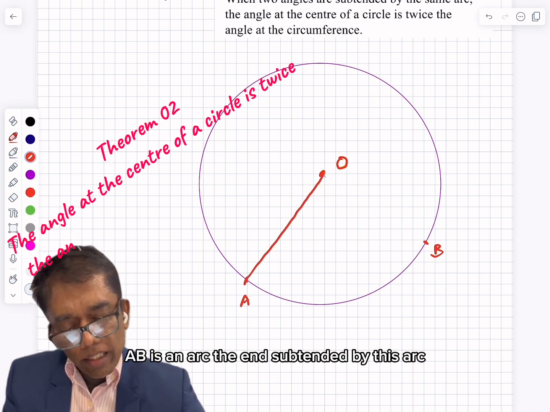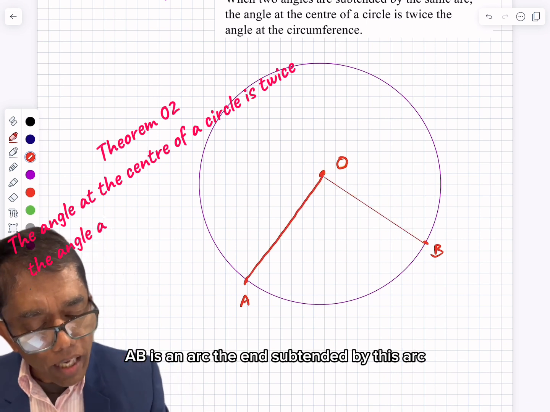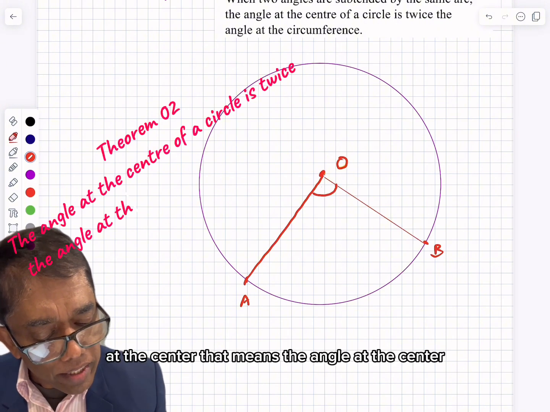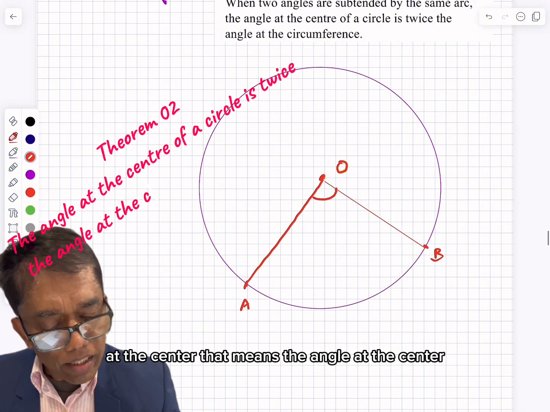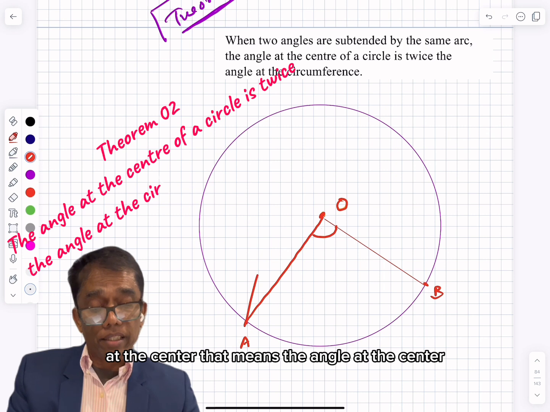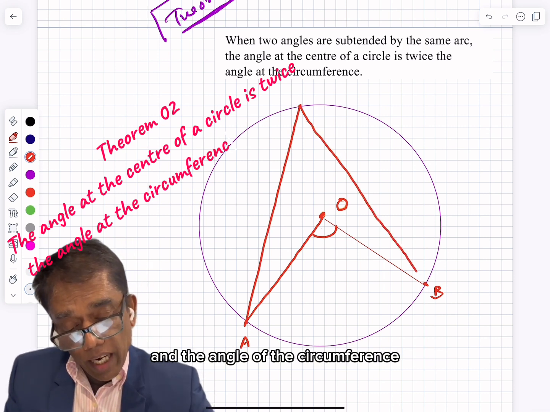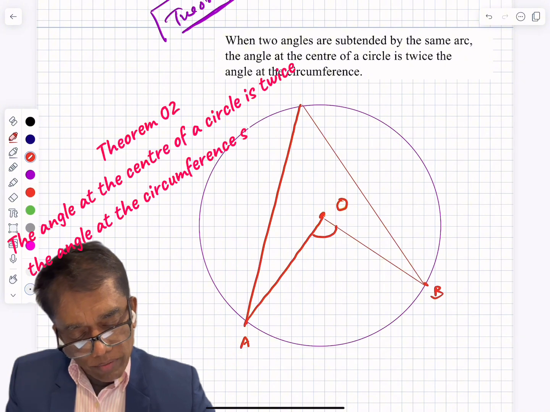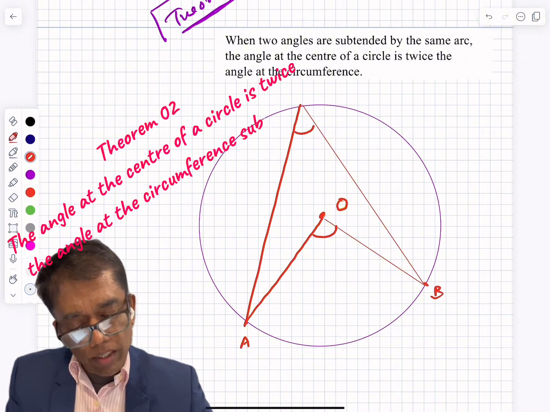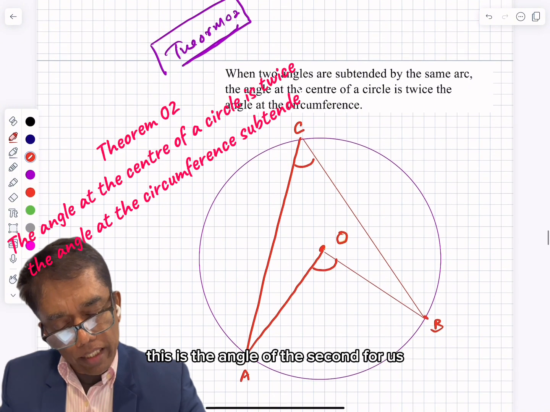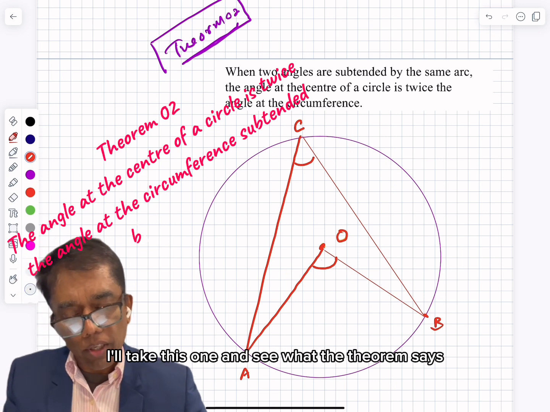The angle subtended by this arc at the center, that means the angle at the center, and the angle at the circumference. This is the angle at the circumference. I'll take this one as C.